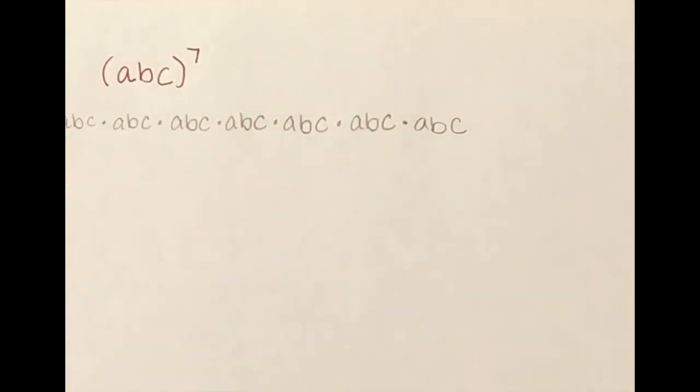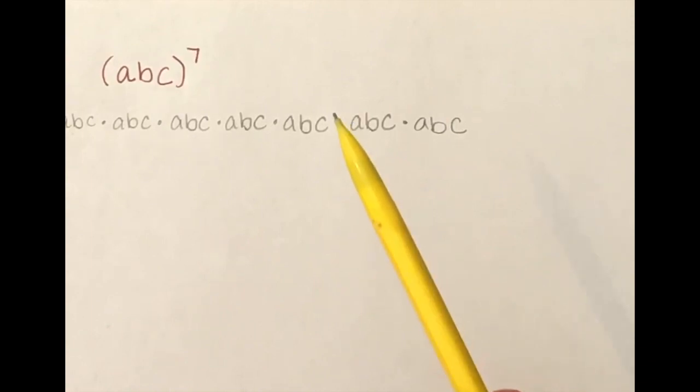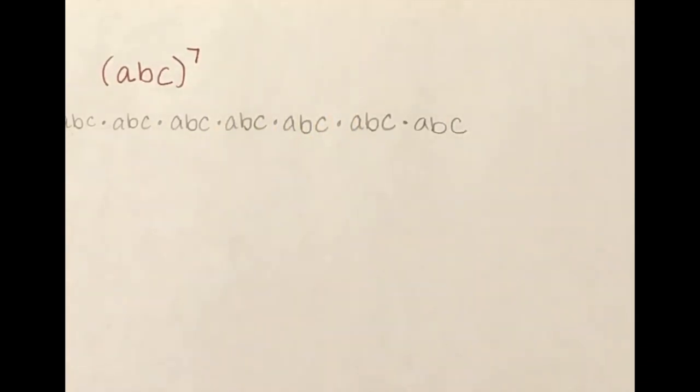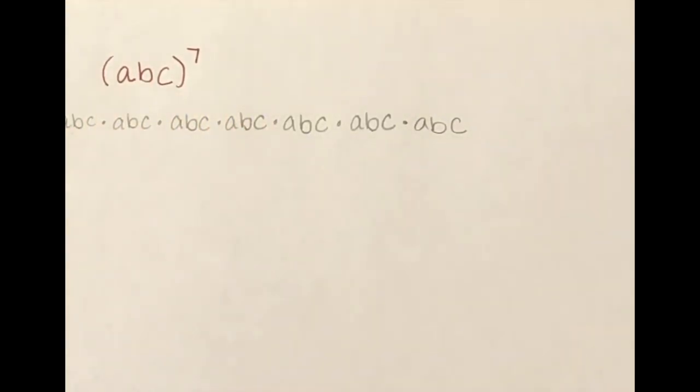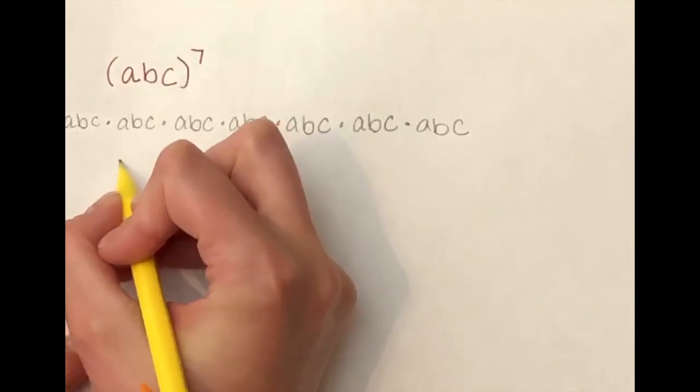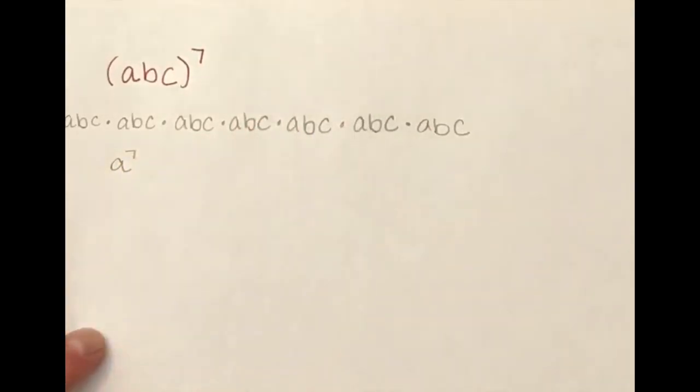That's a lot. But when I think about the fact that all of these bases are the same and I'm being multiplied here, then I can apply the product property, right? So that would be a times a times a times a, 7 times, which we know is a to the 7th, right?